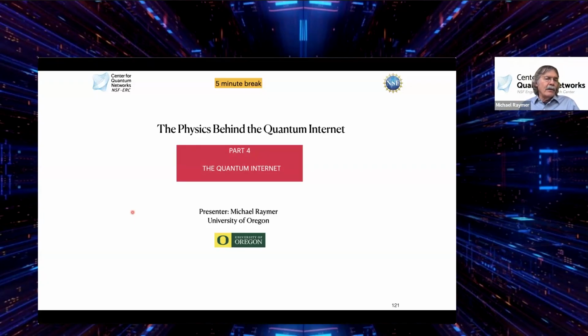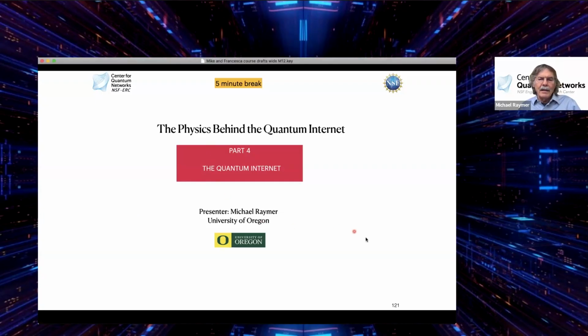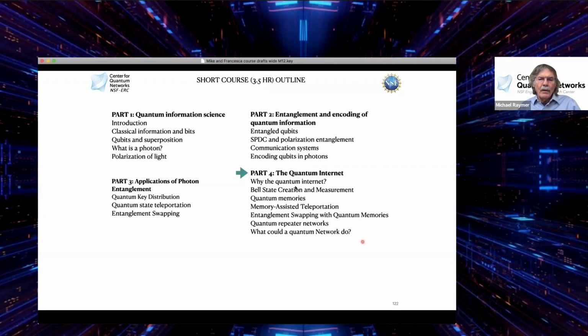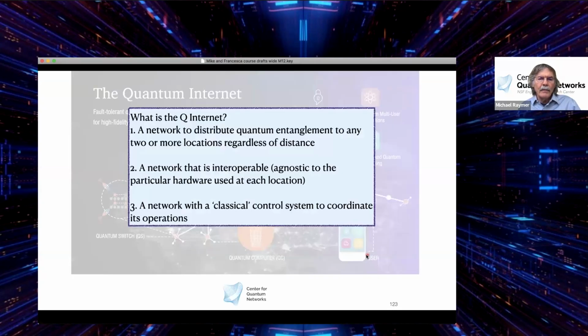The main question is, how do we extend the distance of entanglement sharing? As Francesca said, you can lose the photon at any point from a fiber. It can escape out the fiber, and that would destroy the ability to use entanglement. So how do we extend the distance? Okay, so we're gonna talk about these topics fairly quickly.